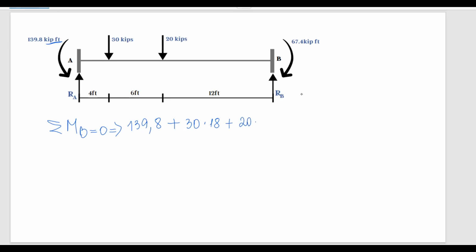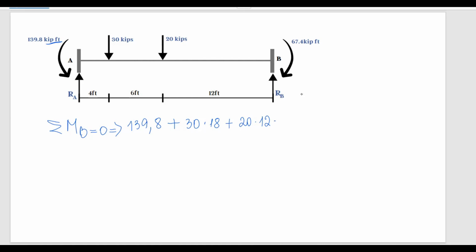So 20, and the arm for this force is 12 feet. And next, I'm done with this moment, the 30 kip force, and the 20 kip force, and I'm noticing I don't have any other force in the counterclockwise direction. I have added them all.